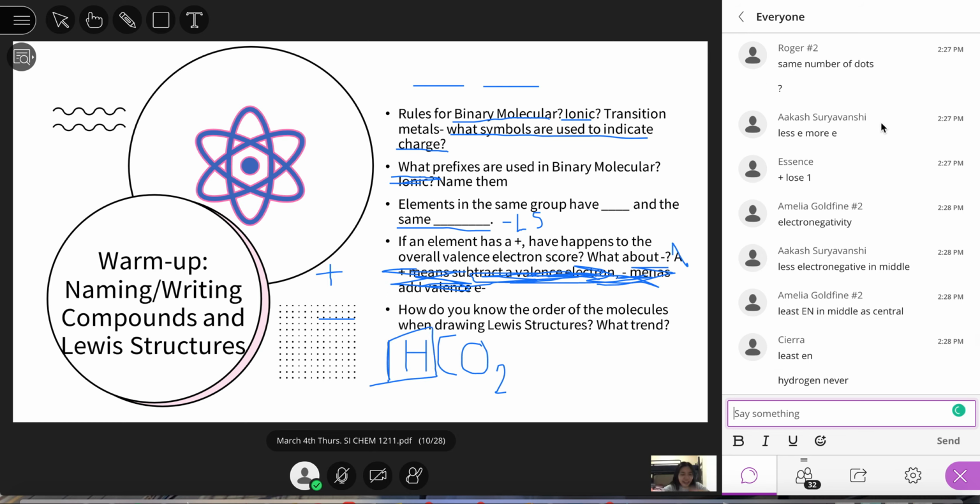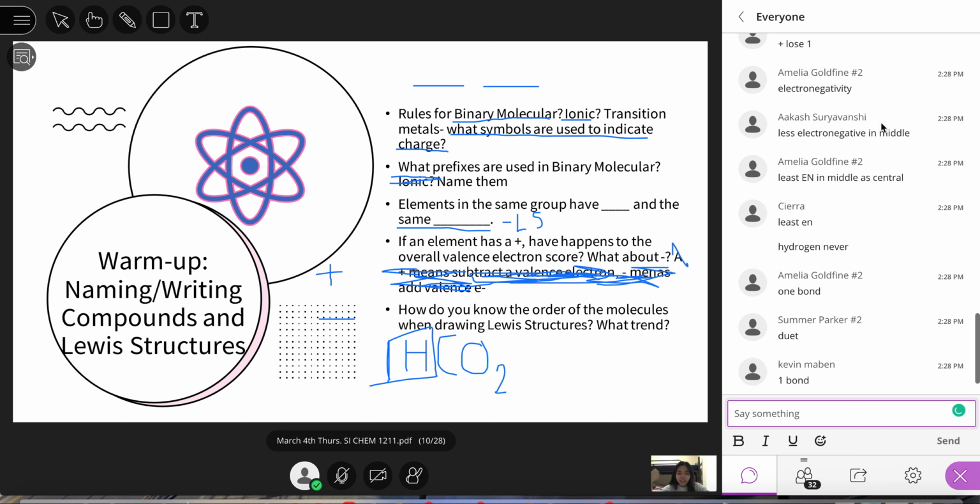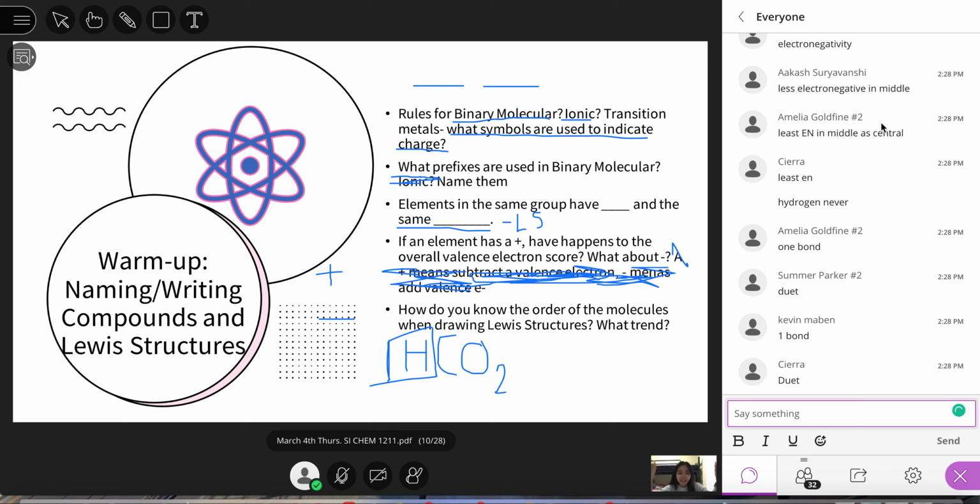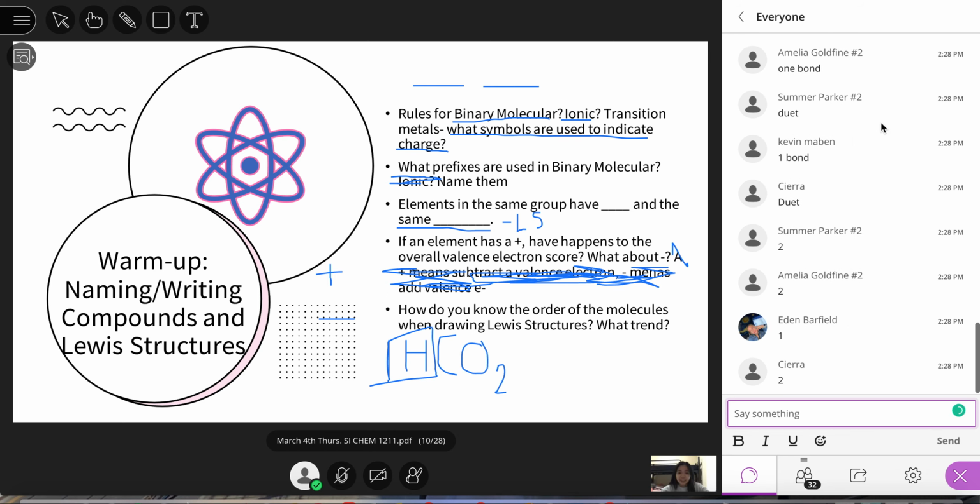Hydrogen will rarely ever be in the middle because it can only have what? Yes, one bond. And it can only hold how many electrons? Two. So it can only hold two, which makes it one of the few elements that can have an incomplete octet, because it doesn't need it.